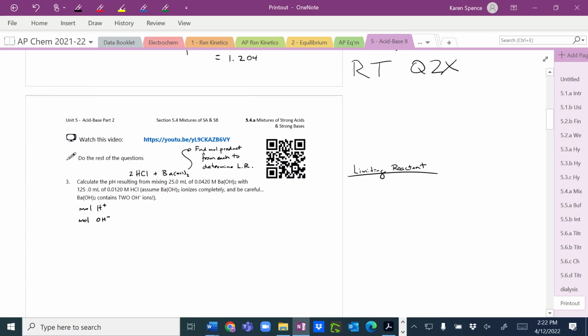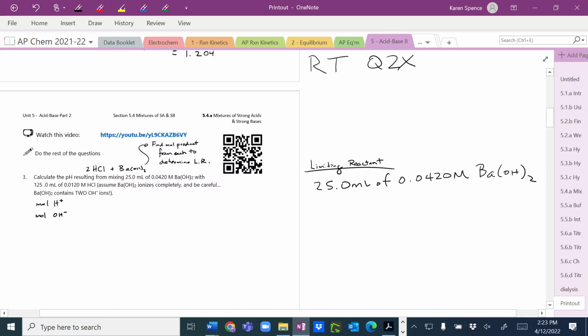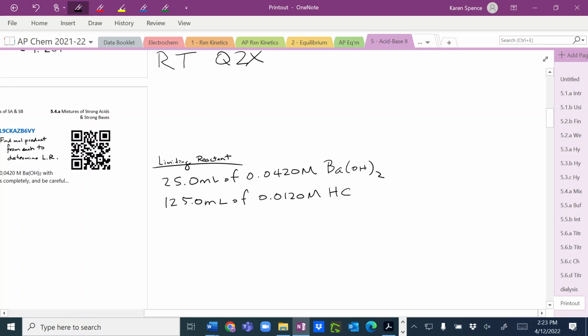We have 25 milliliters of 0.0420 molar Ba(OH)2, and we have 125 milliliters of 0.0120 molar HCl. Okay.